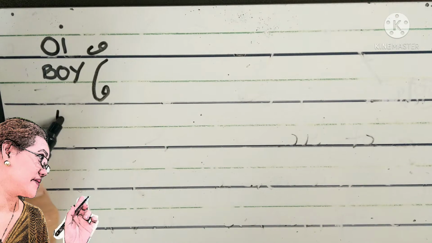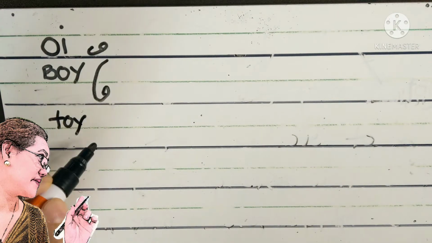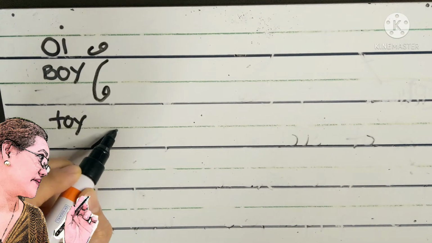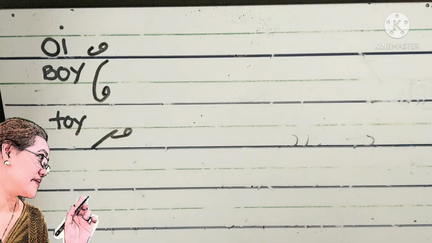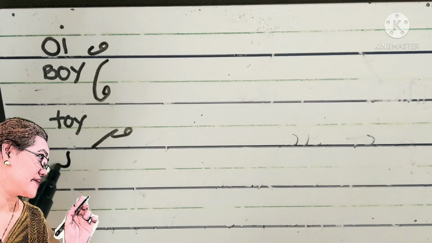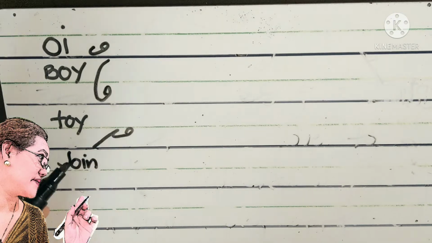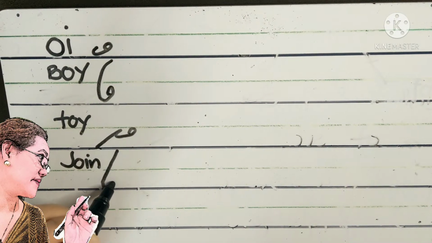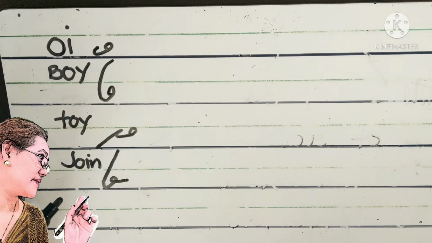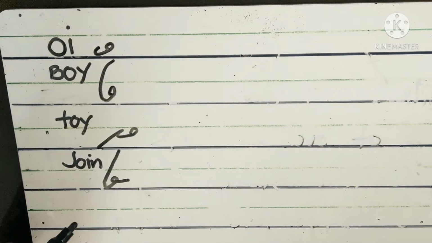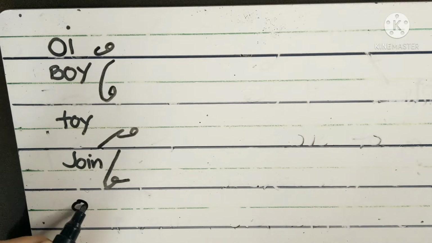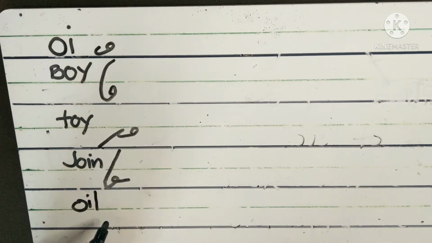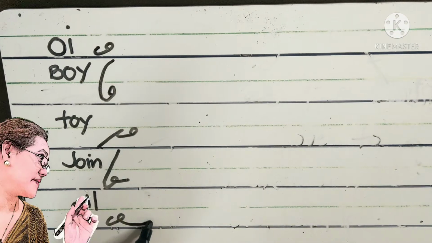Toy, T, oy. Join, that is J, oy, N. Oil, oy, L.